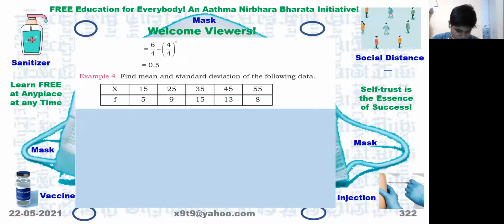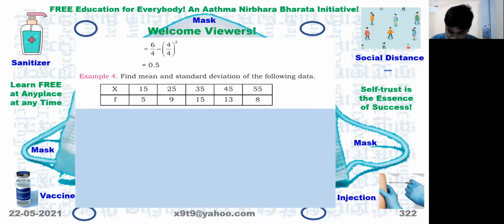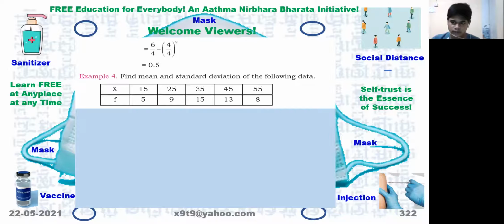Fx square, there are 1, 2, 3, 4, 5 values. You have to add them. Sir, 1,125 first value, 5,625, 18,375, 26,325, 24,200.